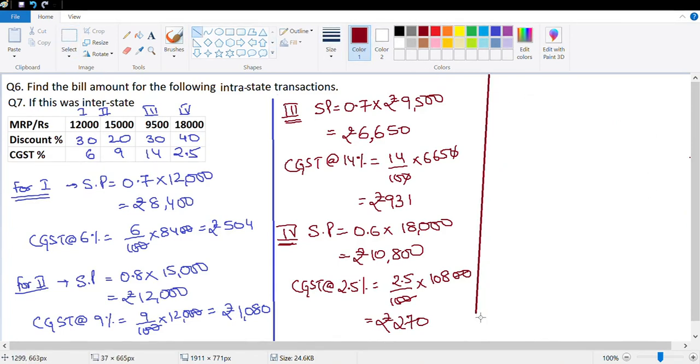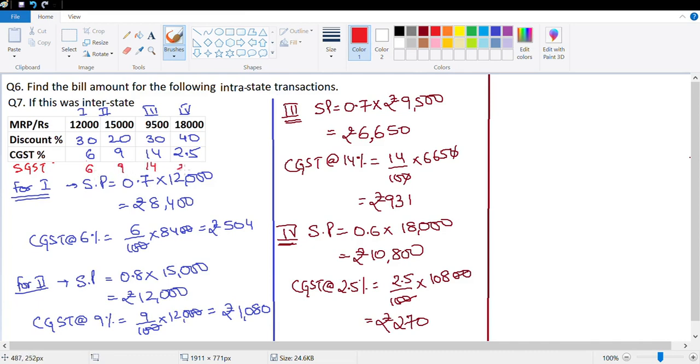Now, we know in the case of an intrastate transaction, CGST and SGST are calculated at the same rate. So if CGST is at 6%, SGST is also at the rate of 6%, here 9%, here 14%, here 2.5%. So this is also equal to SGST, this is also equal to SGST, this is also equal to SGST, and this is also equal to SGST.